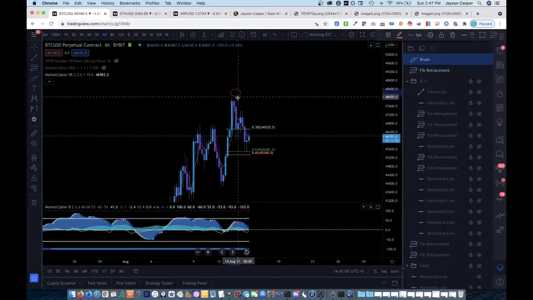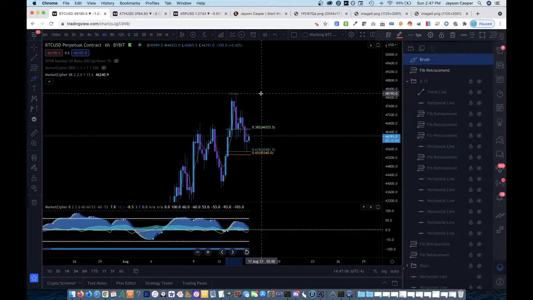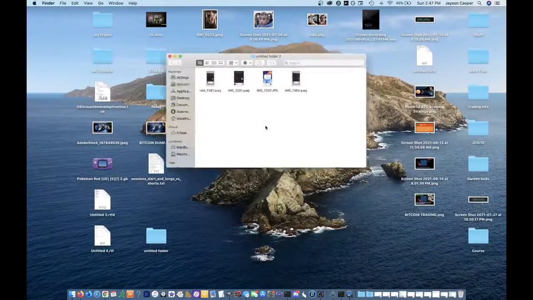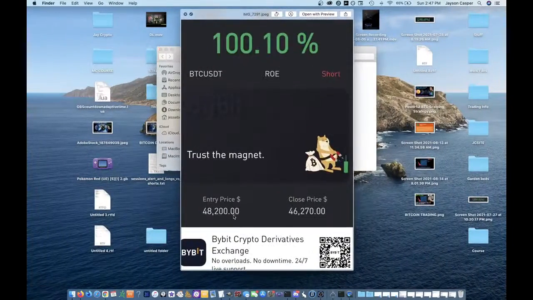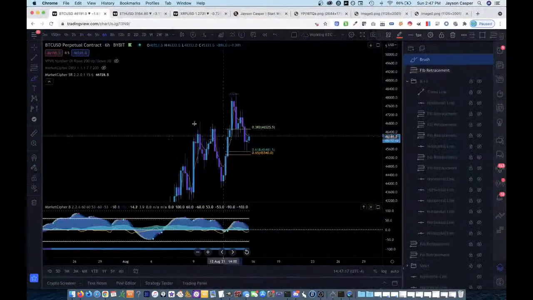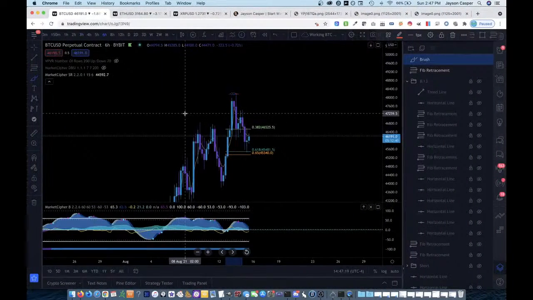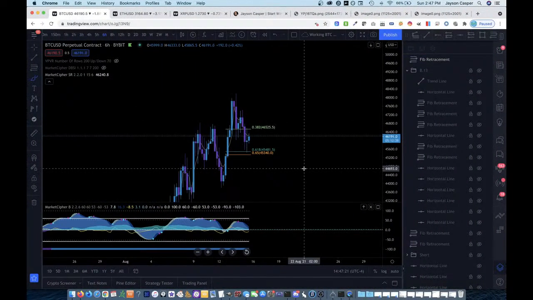From my short up here, which I took right from this wick, literally right from the top, right from 48.2K. That was a crazy entry. I like to look at it. 48.2K, right from the top, guys. Ever since that point, we've been in a local downtrend, right?